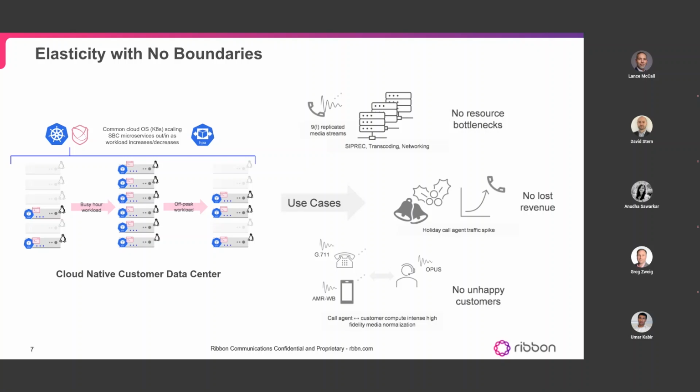Another advantage of a cloud native offer is, and in this case, we're demonstrating the auto-scaling cloud native session border controller, as your workload happens to increase, the SBC is automatically reconfigured to add additional resources to handle the higher workloads.